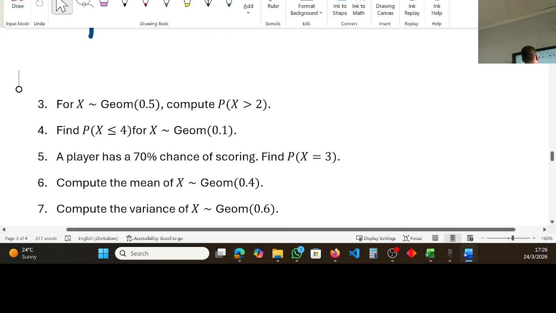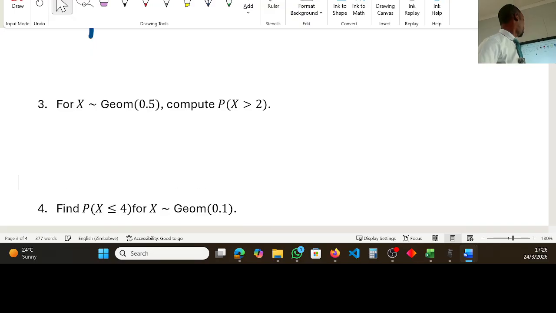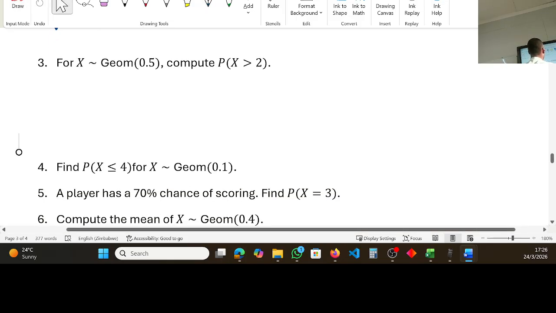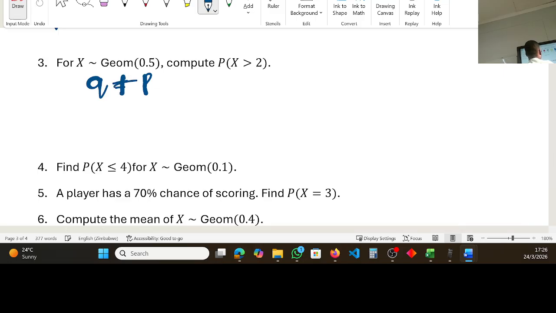Let's have a look. Next is another geometric problem. We have p, the success, but mind you, p and q are complementary. In other words, if we add them, they give us 1. So I've got 0.5, it looks like it's just the same. I want the chance that x is bigger than 2.